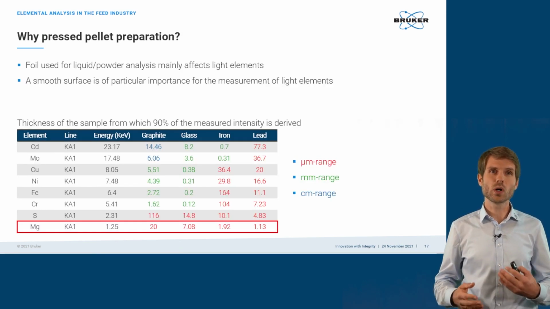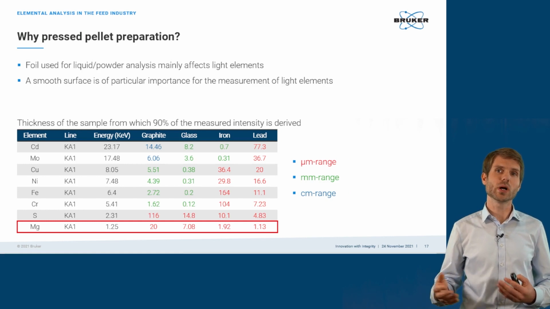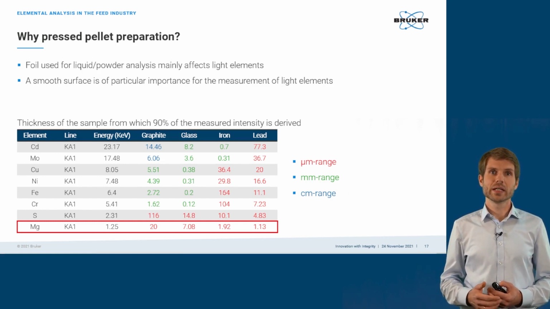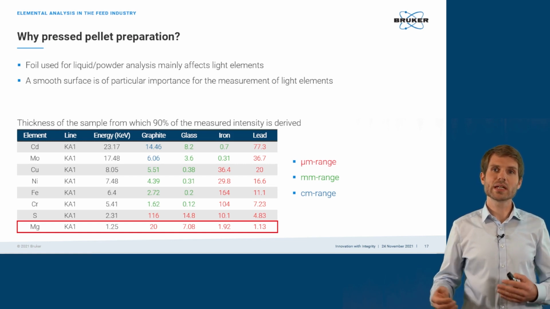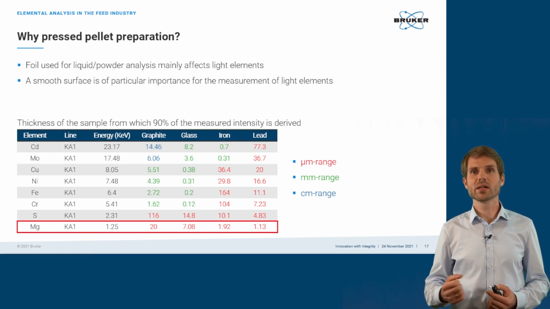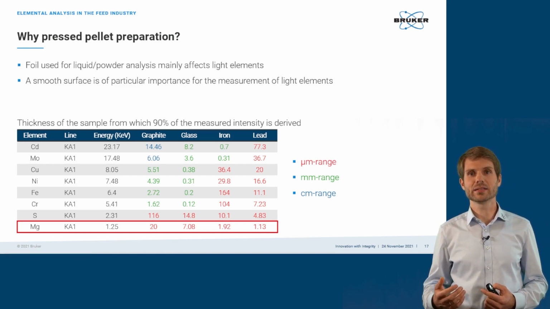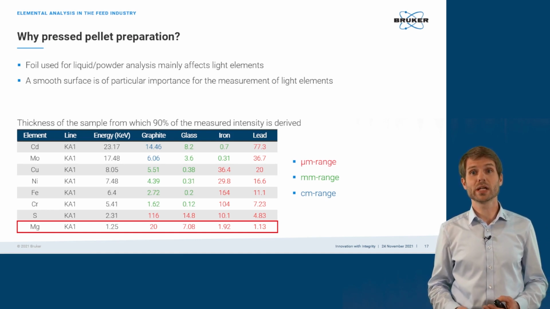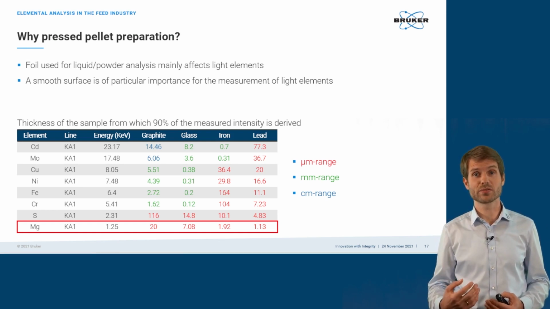And here, one important point: why did we decide to use pressed pellets? Well, one point is that we are also interested in the lighter elements, let's say magnesium and sodium. Magnesium and sodium have relatively low energy characteristic photons emitted from the sample.